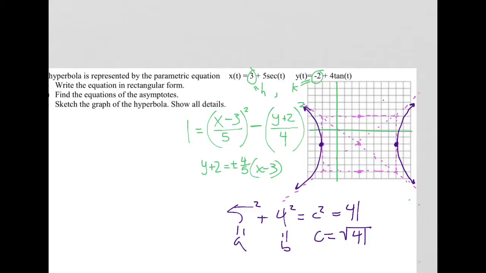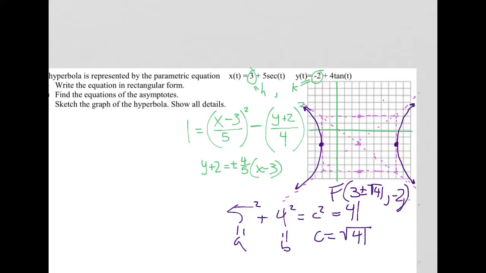Which means our foci are at the coordinates out from the center, the x of the center, 3 plus or minus root 41, comma, the y value, which is negative 2. Well, how can we figure out what the value of the square root of 41 is?